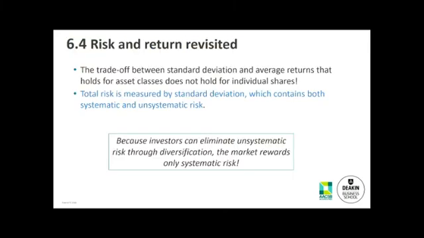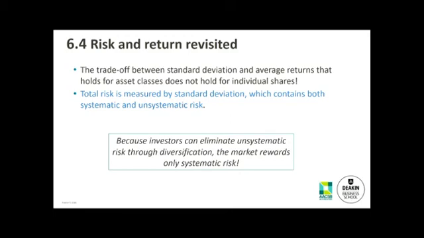Overall, the trade-off between standard deviation and return that holds for asset classes does not hold for individual shares. For an individual share, its total risk is standard deviation. It comprises systematic risk and unsystematic risk. For a portfolio, it holds because a portfolio is very diversified, with no unsystematic risk.